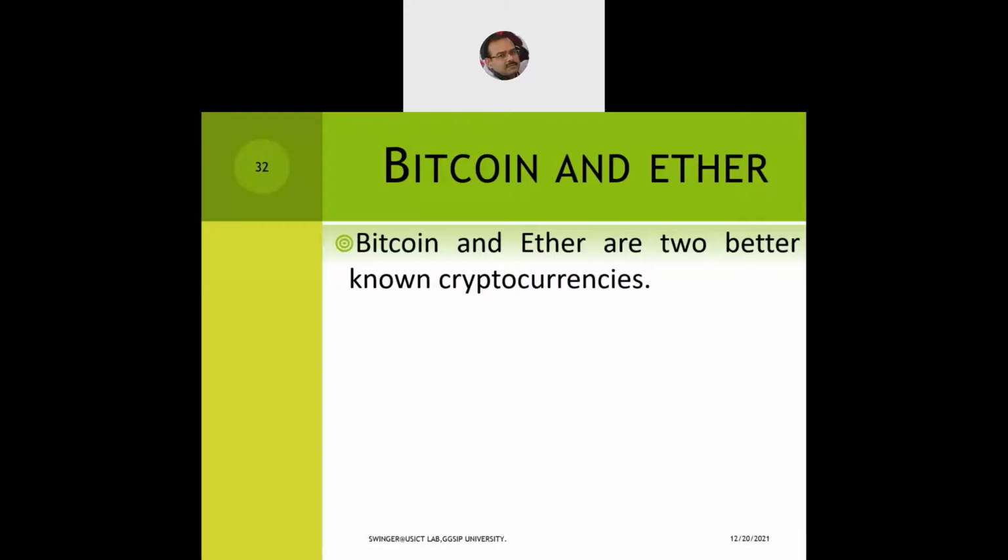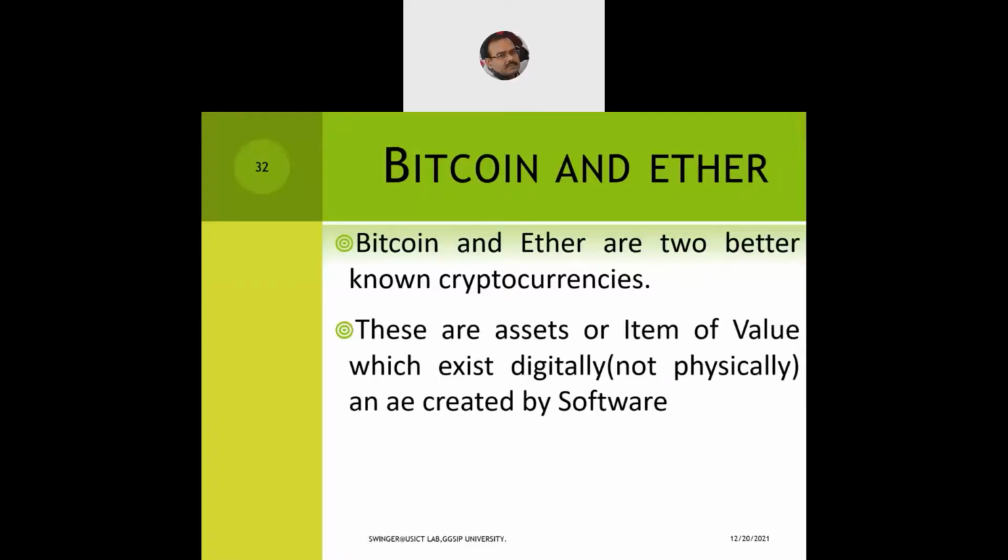A currency which is secured using some technological adoption like cryptography, symmetric or asymmetric cryptography, or hashing techniques, then we say it is crypto. We attach the word crypto along with the currency. So cryptocurrency is a generic name, but within cryptocurrencies, many private companies have launched their own cryptocurrencies. Like Bitcoin and Ether are the two better known cryptocurrencies which are widely accepted across the world.